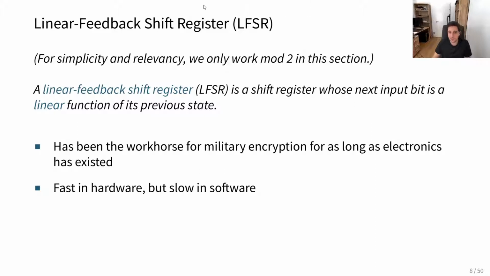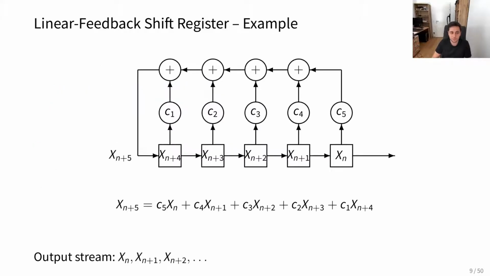This LFSR construction has been a workhorse for military encryption for as long as electronics has existed, because it was very fast. It's very fast in hardware, though it's usually slow in software.